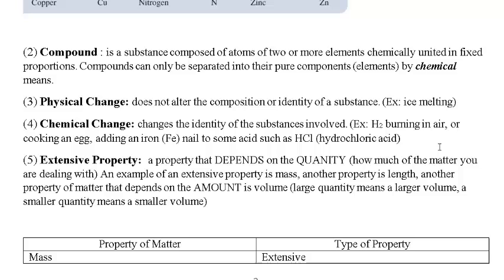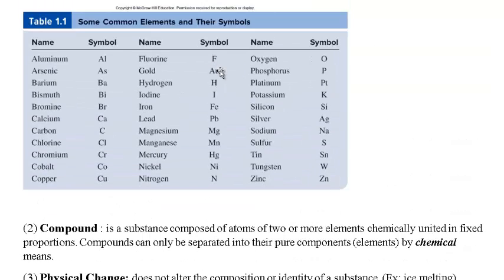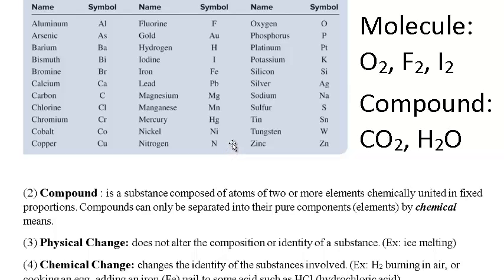Continuing on with our definitions, compounds. Compounds are two or more elements joined together. So you don't have any fancy decimals in your compounds. And notice that a lot of these are heteroatoms, so carbon dioxide. O2 or F2, diatomic fluorine or diatomic iodine, those tend to be homoatoms joined together, and they are molecules.